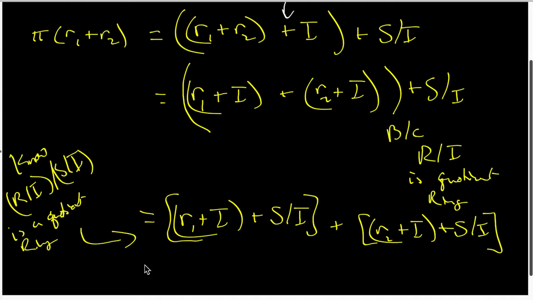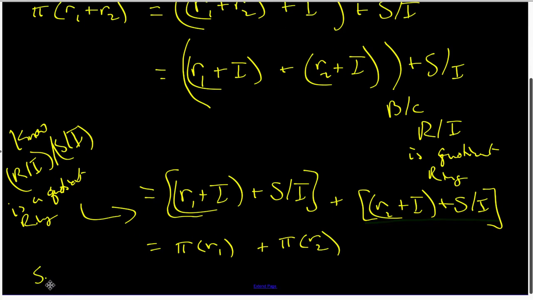And now it's all over but the shouting. The stuff that's right here is nothing more than pi of r1. And the stuff that's right here is pi of r2. And so what we do know is that pi preserves addition.